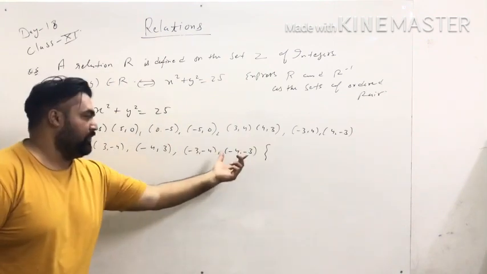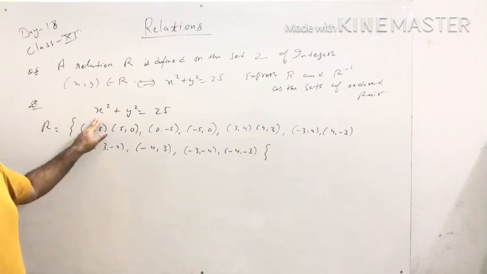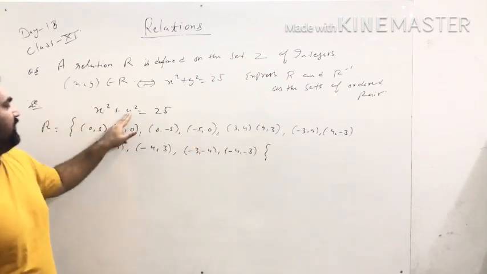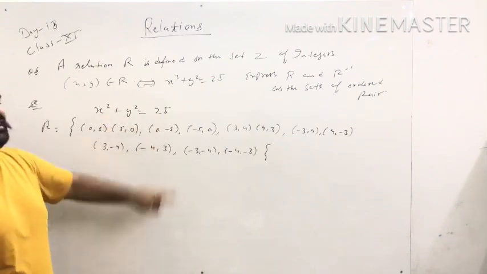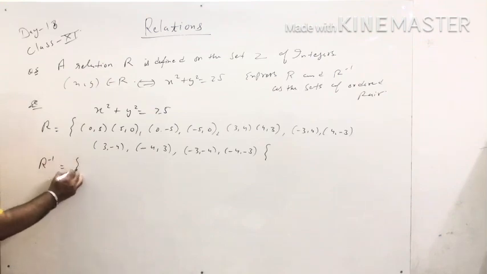For example, the last ordered pair: if we put x equals -4, the square of -4 is 16. Then put the value of y as -3, the square of -3 is 9. 16 plus 9 is 25. So this is R. Now we find R inverse, changing the first element to second and vice versa.